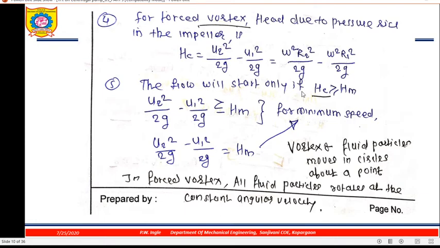The flow will start only if this head is more than or equal to the manometric head. So for the minimum speed at which water will be discharged, u2 square by 2g minus u1 square by 2g is greater than or equal to the manometric head.